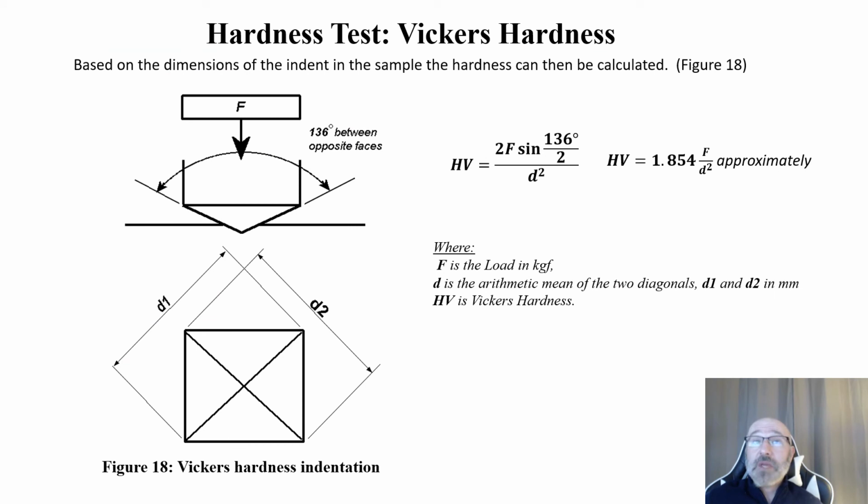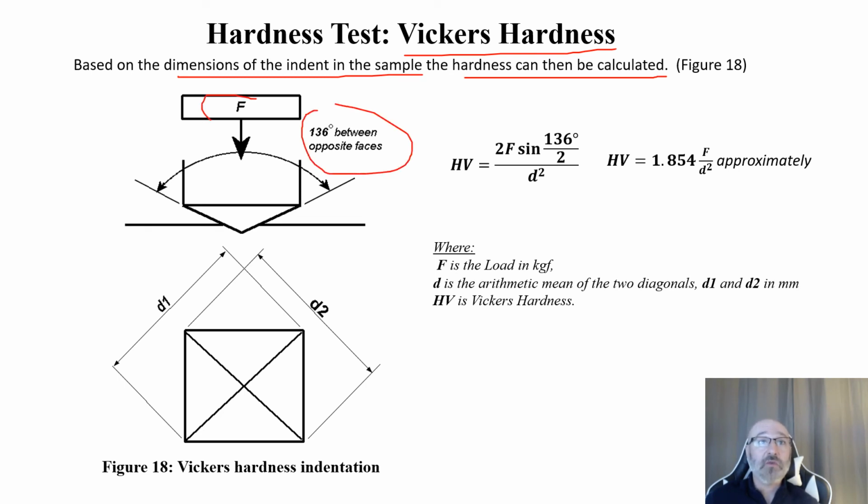Now, what does that mean for us? This leads us to some calculations we can do for our Vickers hardness testing. Based on the dimensions of the indent sample, the hardness can then be calculated. This is for a Vickers test. We know this known force F coming in here, and we know the angle of these walls.